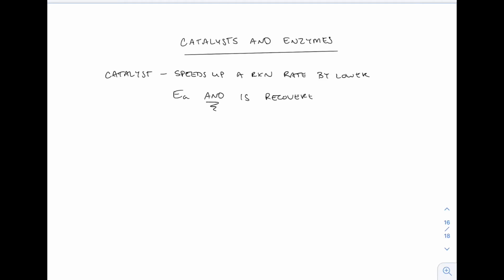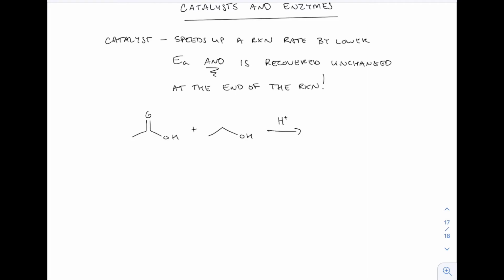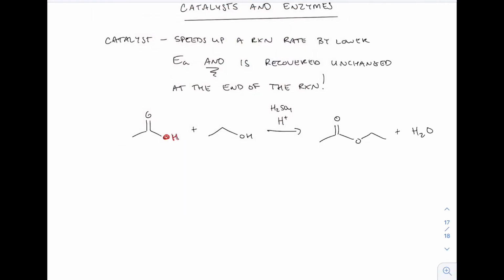And another definition, or an additional key, is that a catalyst is actually recovered unchanged at the end of the reaction. So usually a catalyst is put in a chemical reaction in very small amounts because it's kind of reformed in the end. So, for example, if you have a reaction with an acid catalyst, you can literally put a drop of acid in there and it can promote the rate of the reaction or increase that.